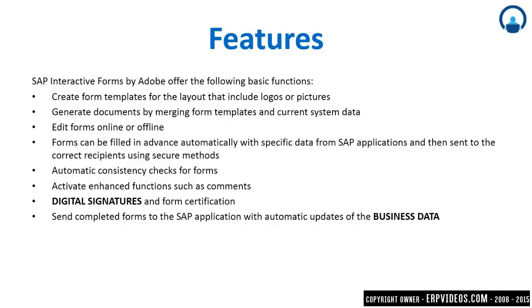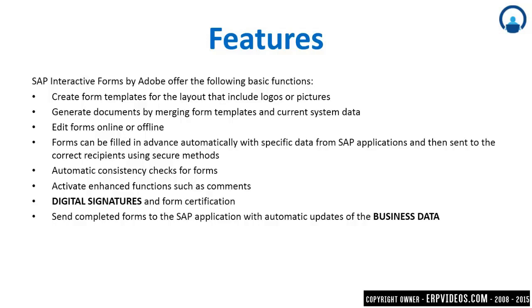Then forms can be filled in advance automatically with specific data from SAP applications and then sent to the correct recipient using secure methods. Then we have automatic consistency checks for forms, and enhanced functions such as comments. Then we have the feature for digital signatures and form certifications. Then it sends completed forms to the SAP application with automatic updates of the business data. So these are the features which are provided by the Adobe Forms.